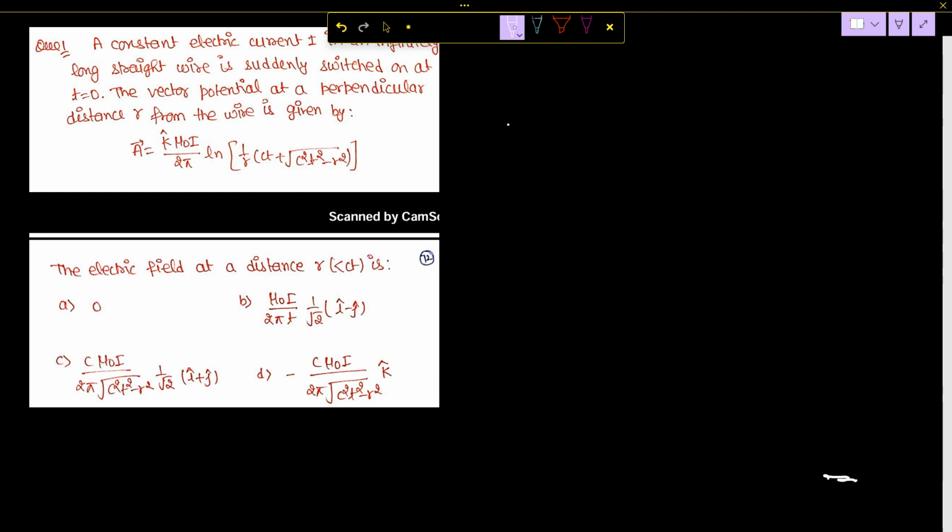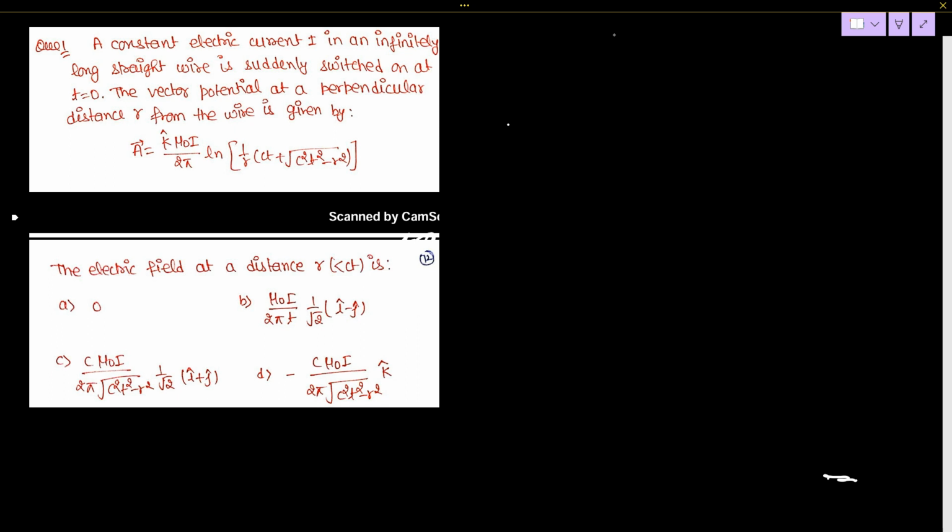Okay. A constant electric current I flows in an infinitely long straight wire that is suddenly switched on at t = 0.